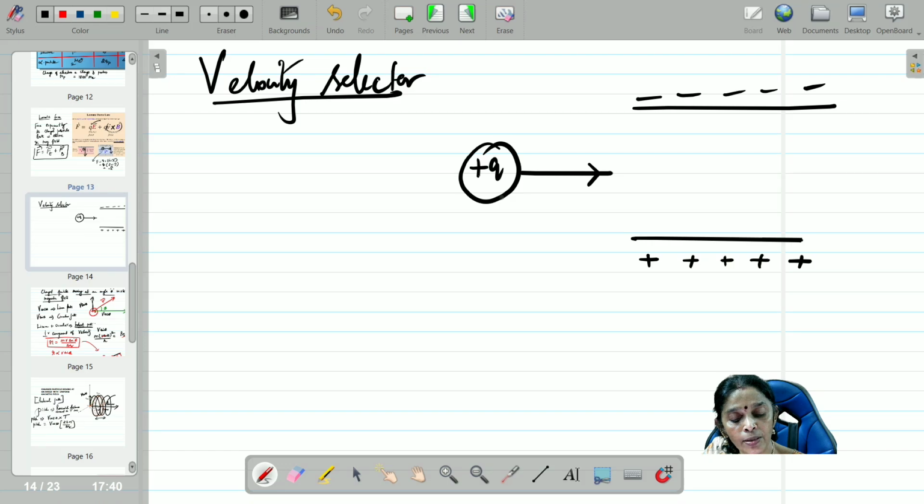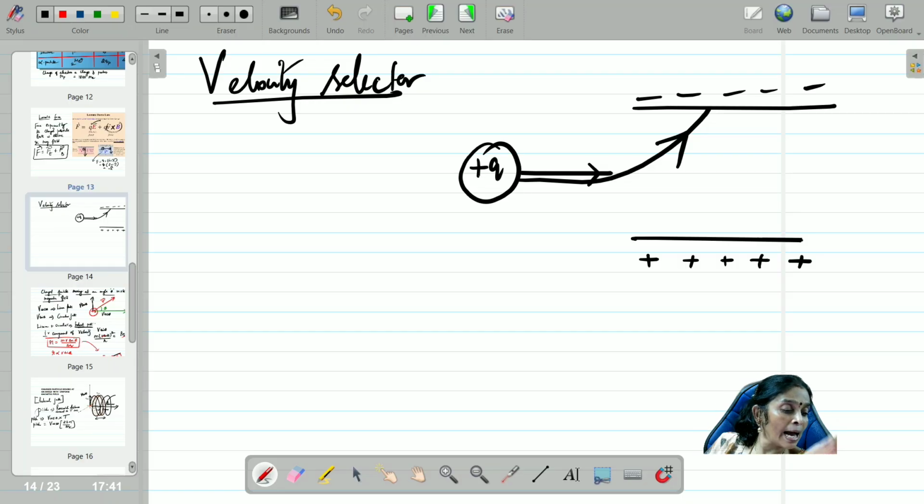So therefore what happens? The positively charged particle will try to move up. So it is going up. At the same time, I am placing a magnetic field in such a way that the magnetic field is acting outwards, like this.